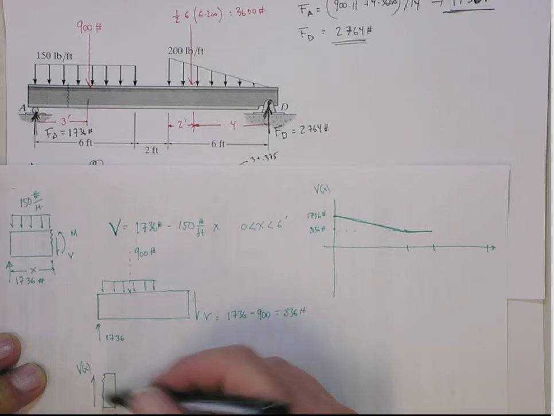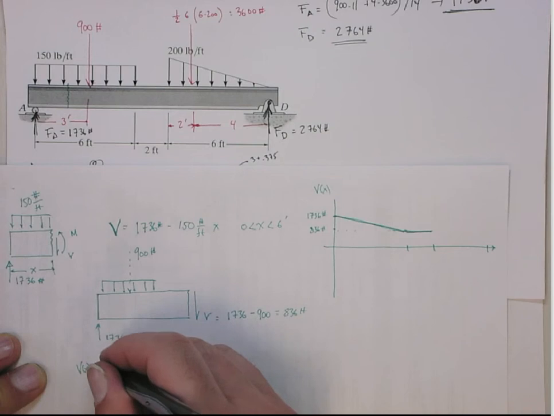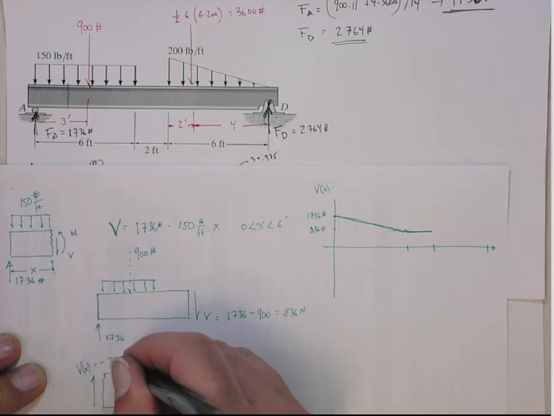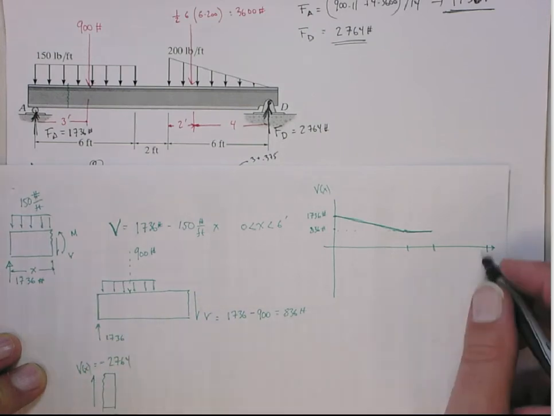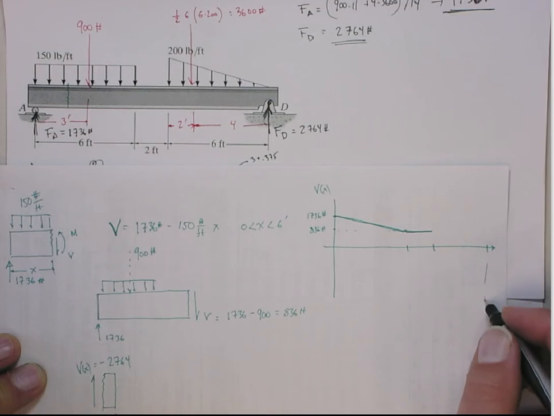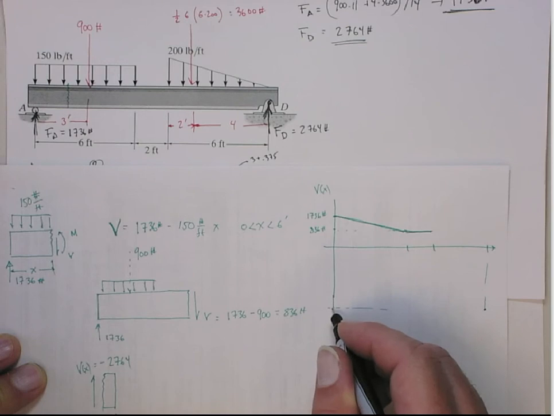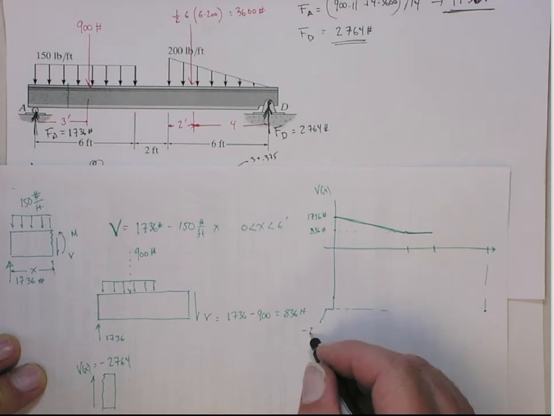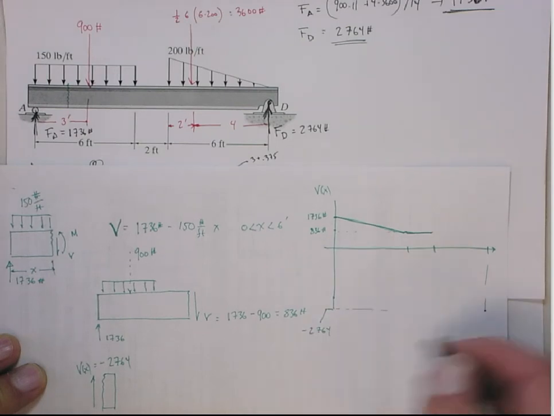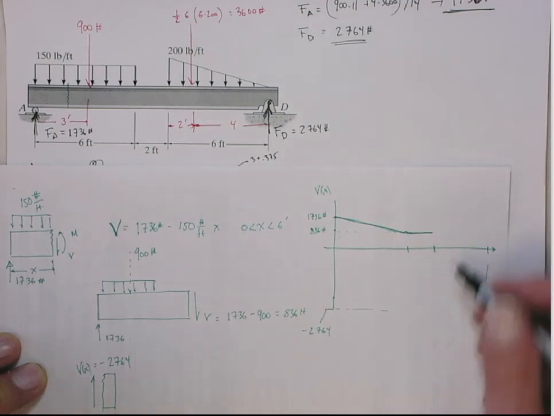This is going to be just equal to the negative of this. So this is equal to minus 2764. So right at the end, I know you have to go down to minus 2764. So that's like down here, right? Minus 2764. So somehow we have to get down here.